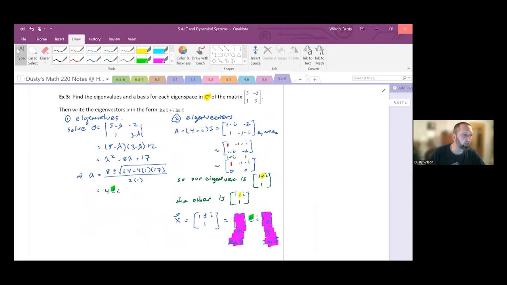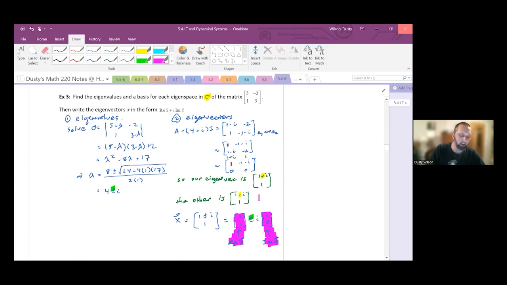So let me back up to make sure that you see what we did. We started with a matrix up here, and we first found the eigenvalues, which were complex. Then we found one of the corresponding eigenvectors. We used what we know about how eigenvalues are formed to do our row reduction kind of intuitively.